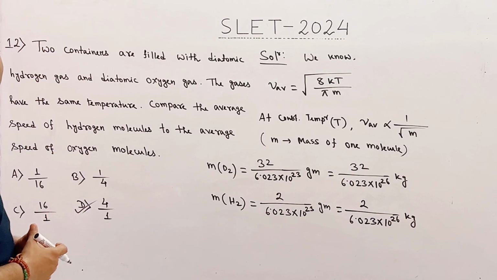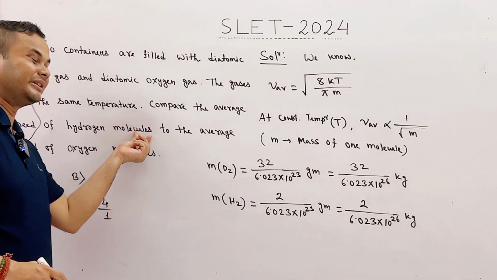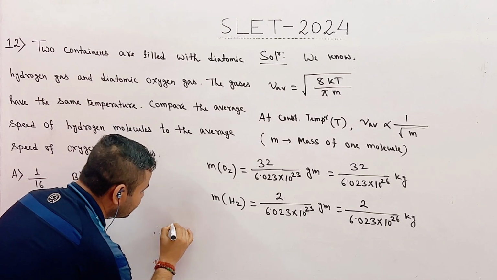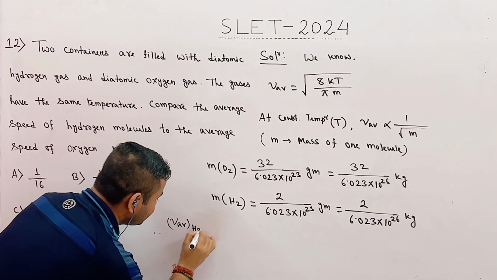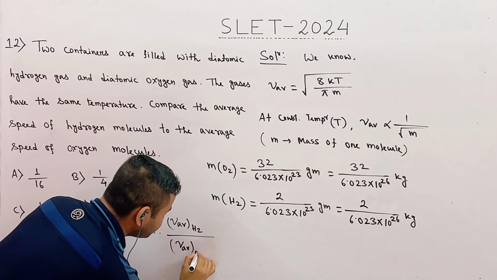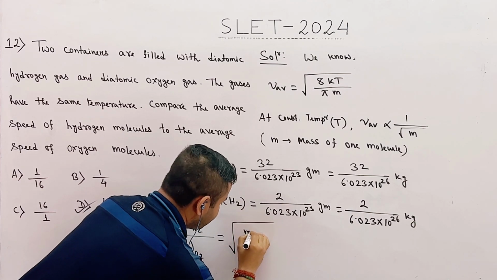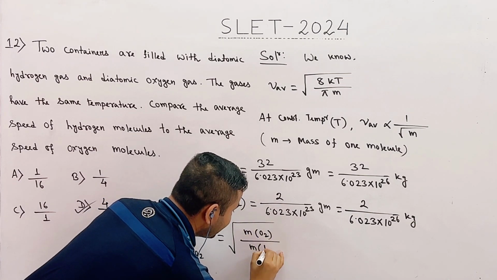Finally, let us find out the ratio of average speed of hydrogen molecules to the average speed of oxygen molecules. So, therefore, V average of hydrogen molecule divided by V average of oxygen molecules is equal to root over mass of oxygen molecule divided by mass of hydrogen molecule.